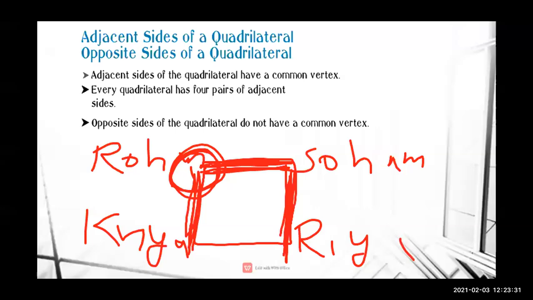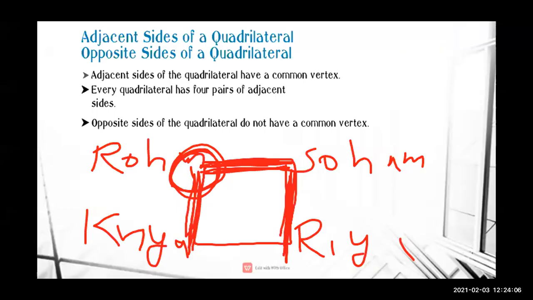But here, who is our common vertex? Very good. Our common vertex is Soham, because Soham is connected with Rohan and Soham is also connected with Riya. Is it clear? So this way you will find the adjacent sides.